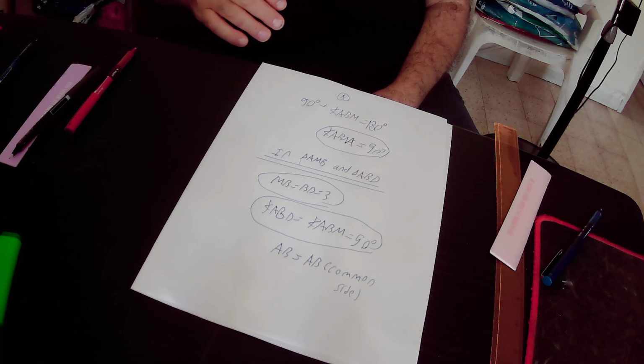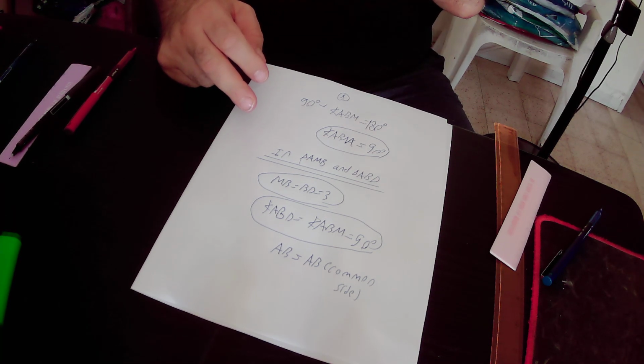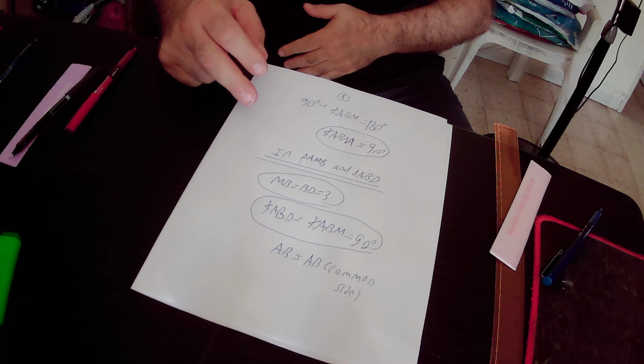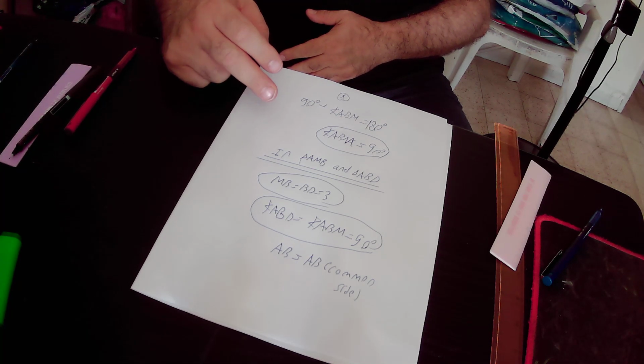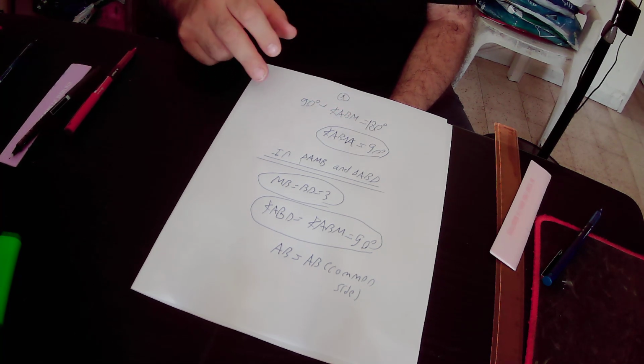So we actually proved that triangle AMB is congruent to triangle ABD according to the side angle side rule.